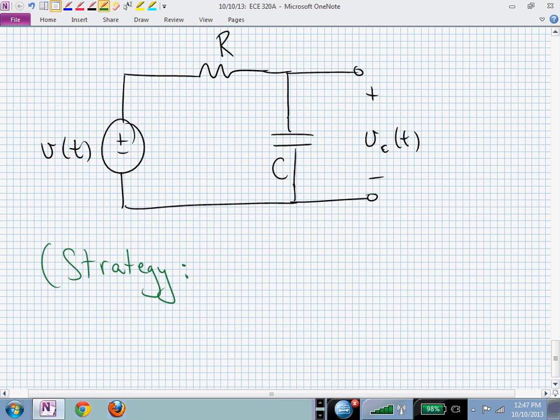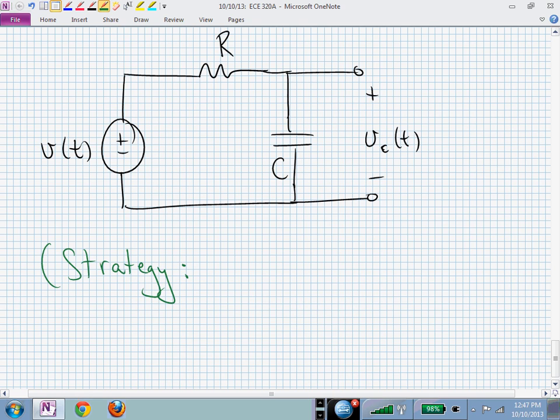I have an inductor, what do I probably focus on based on ELI? What's differentiated in my current voltage relationship of an inductor? The current. So we want to work with currents and inductors, and if we do the same kind of thought process, ICE tells us what variable is differentiated for capacitors, the voltage.